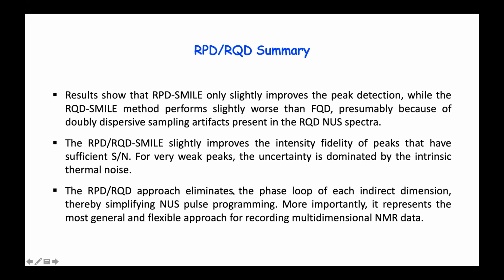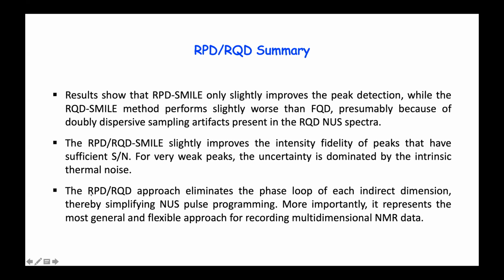So we always hard code our pulse program to do the non-uniform sampling experiments. With RPD, RQD, the programming becomes easier because I don't need to code the loop for real, imaginary, echo anti-echo, because what I need to do is just read it out from the sampling schedule. So that's what I like.